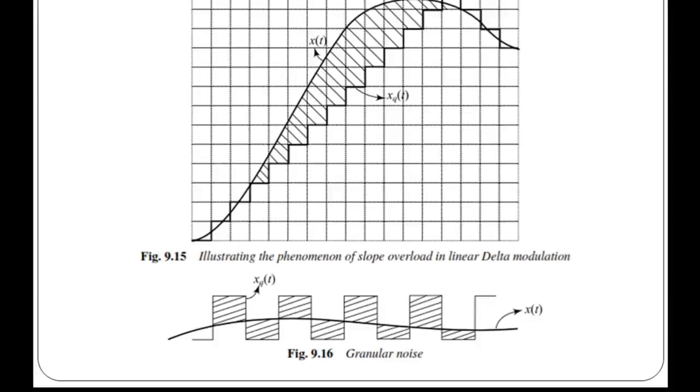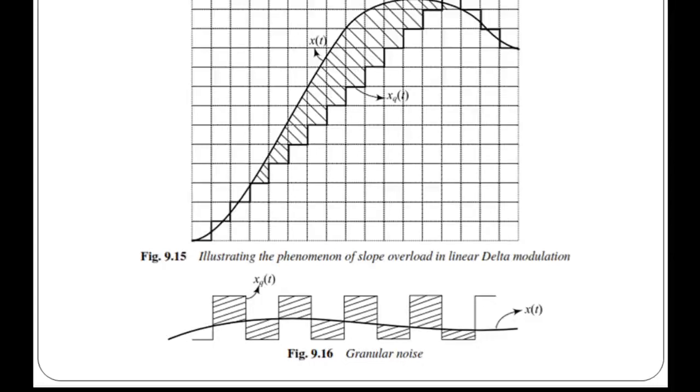The second type of noise is called granular noise, which is shown in this figure. Granular noise occurs when the step size is too large compared to small variation in the input signal. For very small variation in the input signal, where it is almost constant, the staircase signal changes by a large amount, delta, because of the large step size.